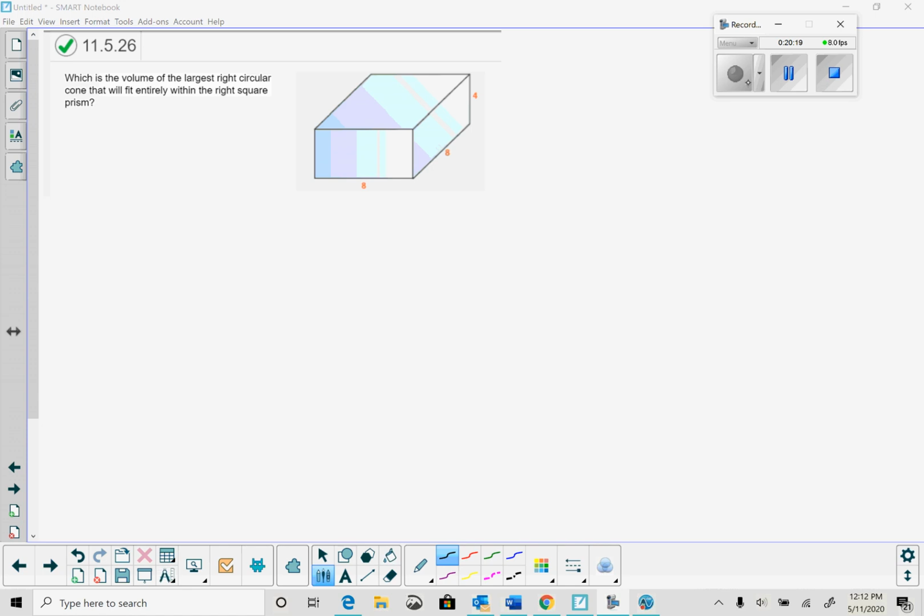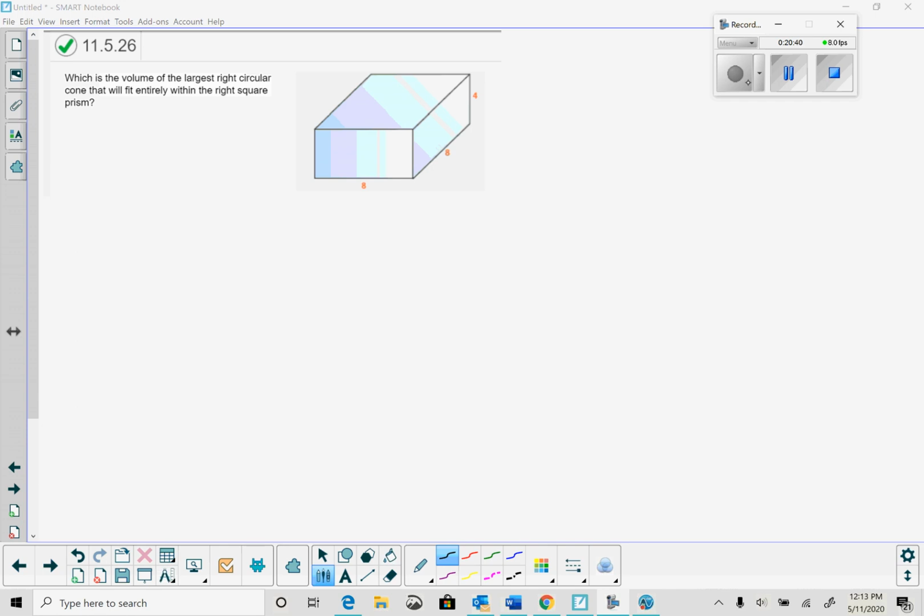All right, have to do some thinking here with 26 before we start plugging things into any kind of formula. What's the volume of the largest right circular cone that will fit entirely within the right square prism? I mean, did they really have to say circular cone?